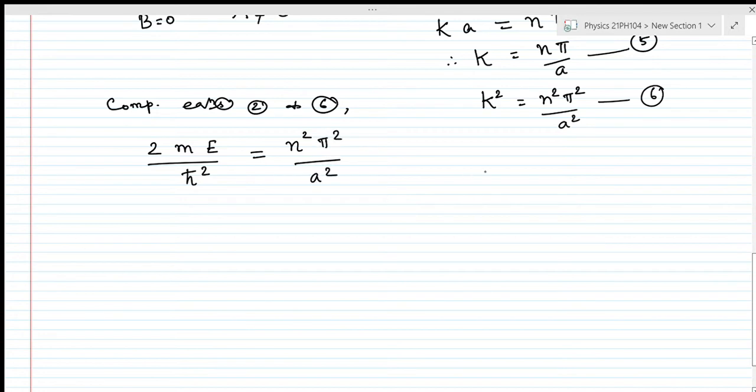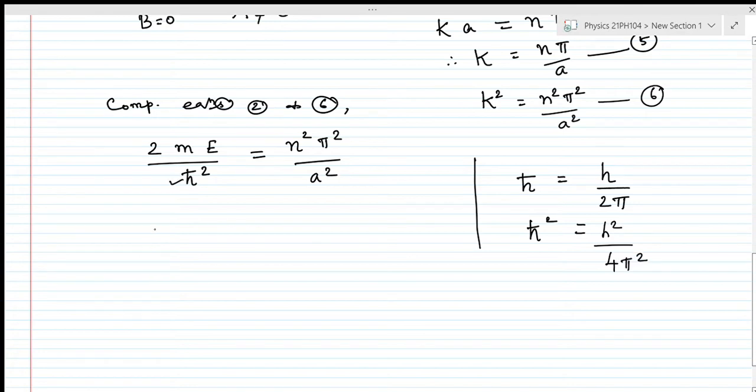Now the reduced Planck's constant h cross is equal to h by 2 pi. H cross square is equal to h square divided by 4 pi square. So I am substituting h cross square as h square by 4 pi square, which is equal to n square pi square by a square.